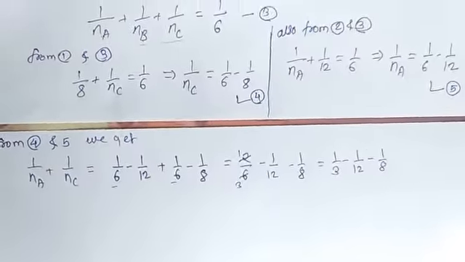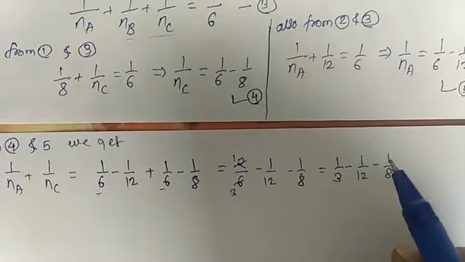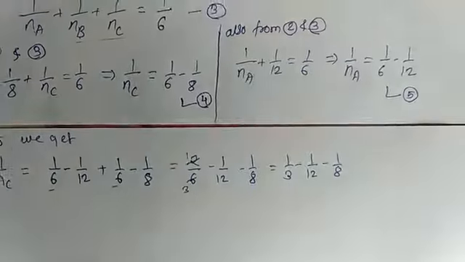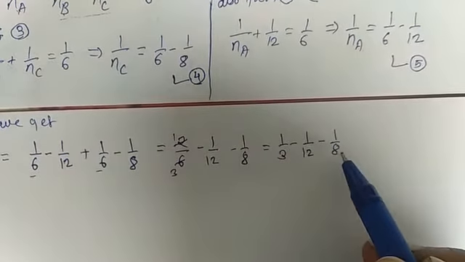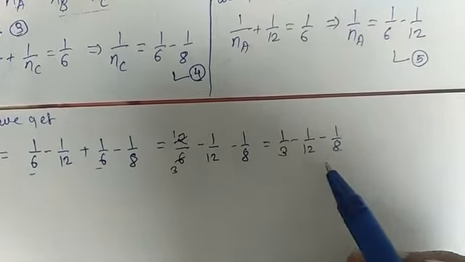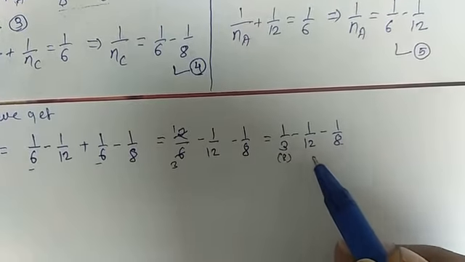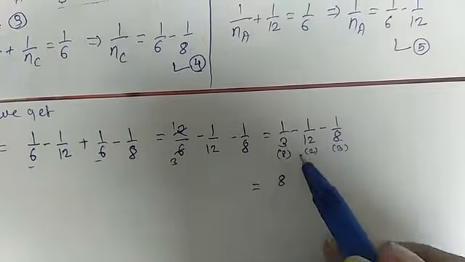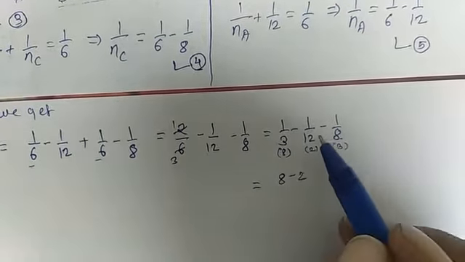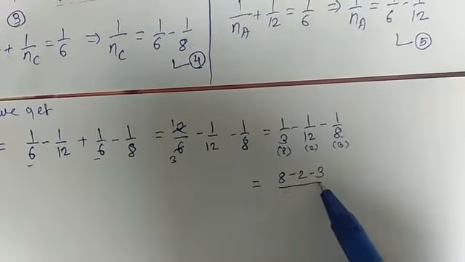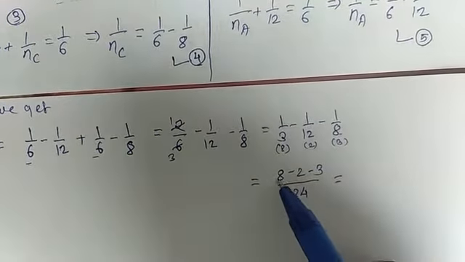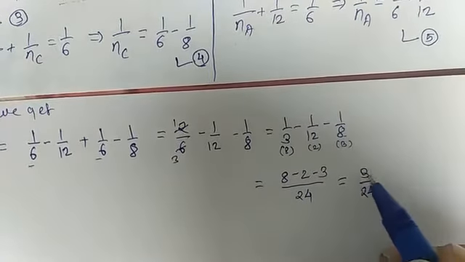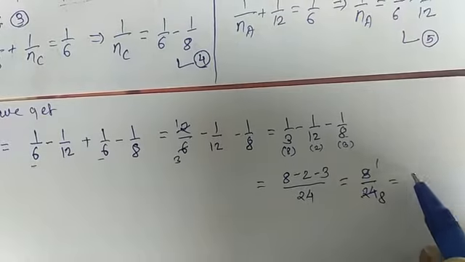Okay, now you have to take the LCM of it. The common multiple of these will be 24. So multiply by 8, by 2 and by 3. So it will be 8 minus 2 minus 3 divided by 24, which is 8 minus 5, which is 3 upon 24, which is equal to 1 upon 8.